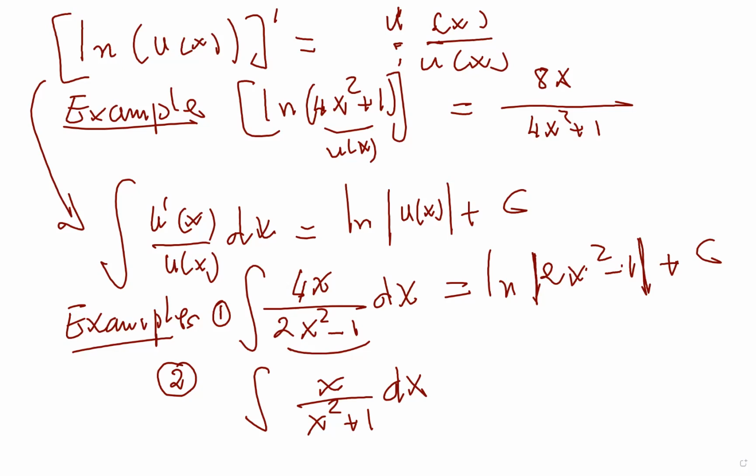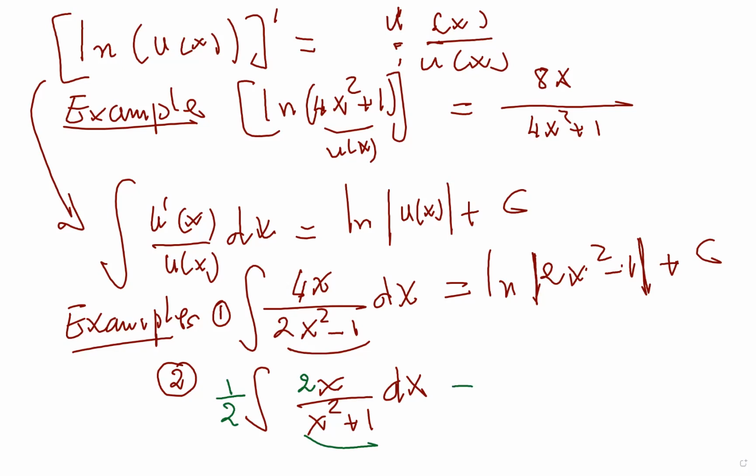Since the derivative of x squared plus 1 is 2x, but in the numerator I have x only, I will multiply by 2 and divide by 2, so it means multiplying by a half. I put the half outside of the integral. I didn't change the expression, just its form.